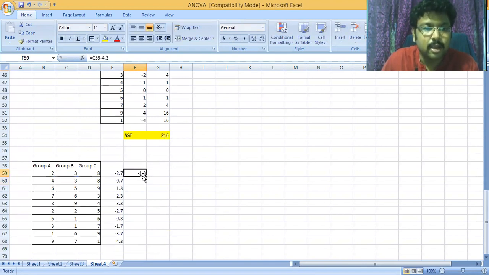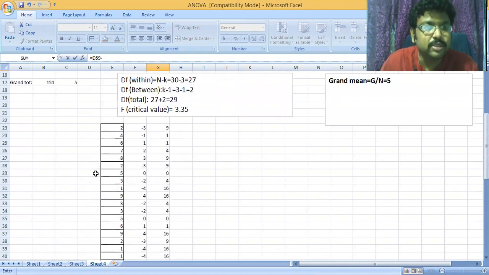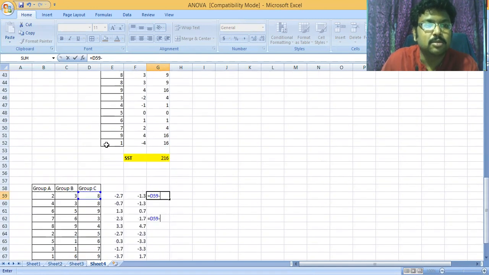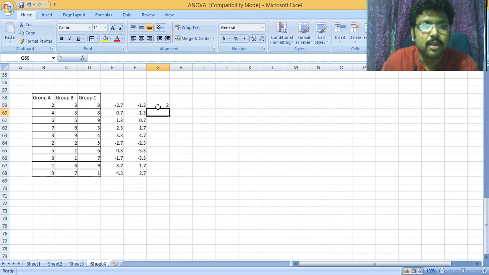Now this value is equal to 8, and the mean of this group is 6.